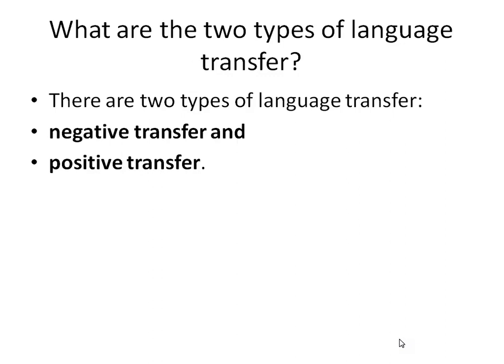So this is the second phase of interlanguage, that is transfer, positive transfer and negative transfer. So if first language becomes a barrier, that would be negative transfer. If first language becomes helpful, that would be positive transfer. According to Tarry Selinker, language transfer has these two kinds of effect, that is positive transfer and negative.